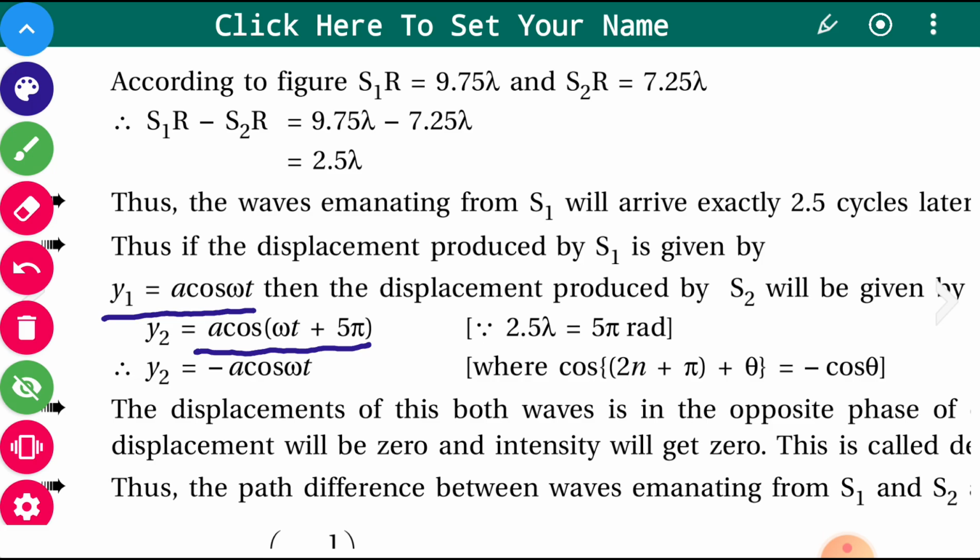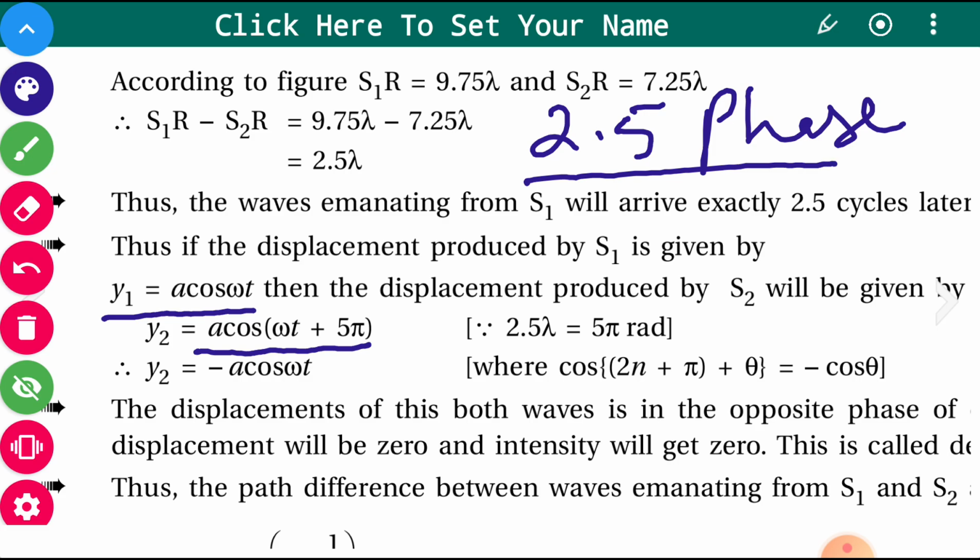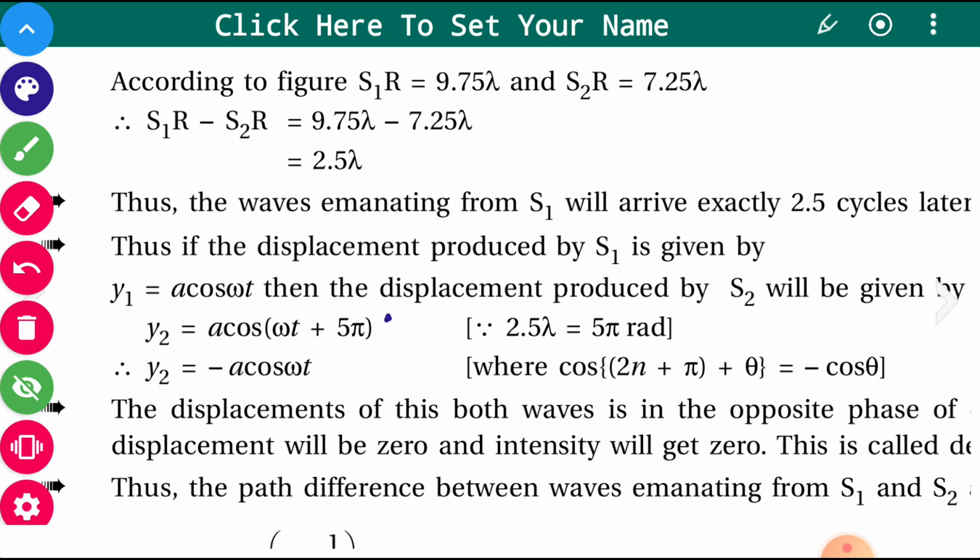So the particle has started oscillating earlier by 2.5 cycles, and 2.5 into 2 pi will give you 5 pi. So its phase is more by 5 pi than the first wave. Therefore, the equation for the displacement due to the second wave at point R is y2 equal to a cos (omega t plus 5 pi), and therefore it becomes minus a cos omega t.